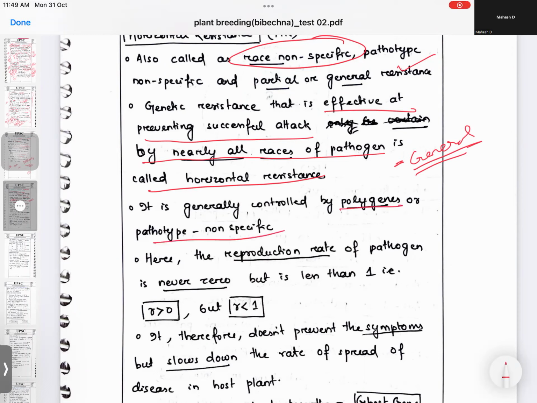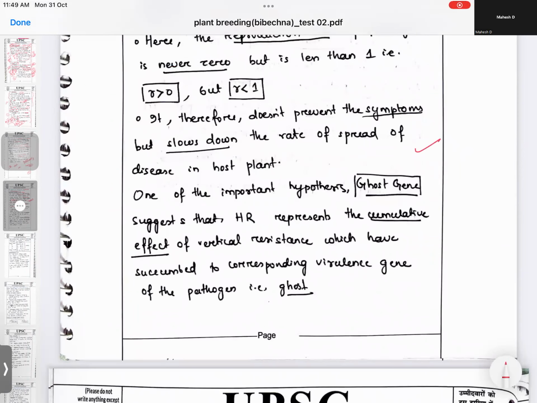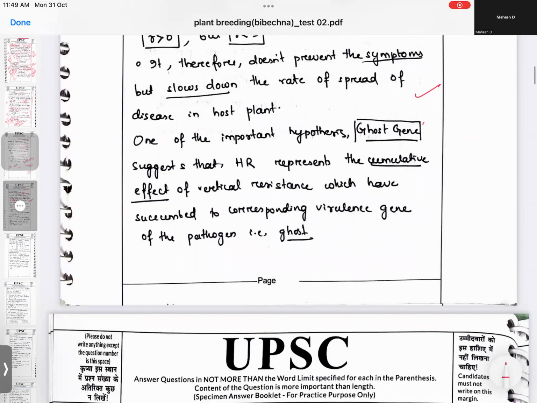Controlled by polygenes, pathotype non-specific, reproduction rate. This is what ghost gene? Where did you read this ghost gene?